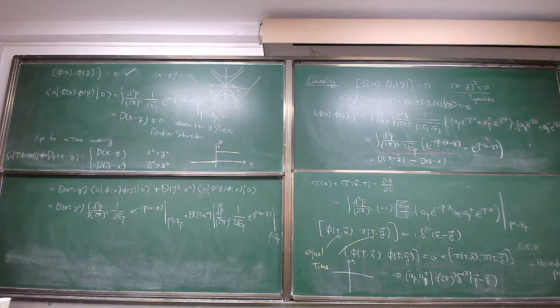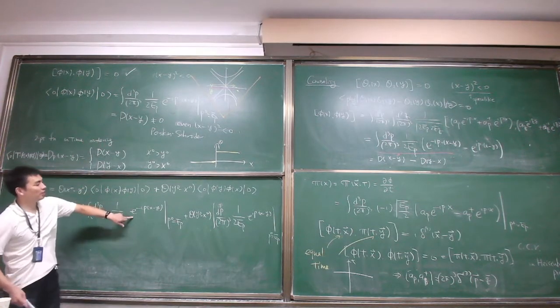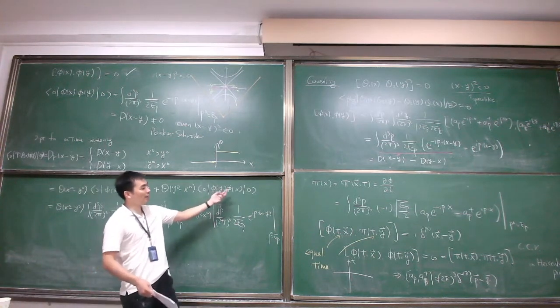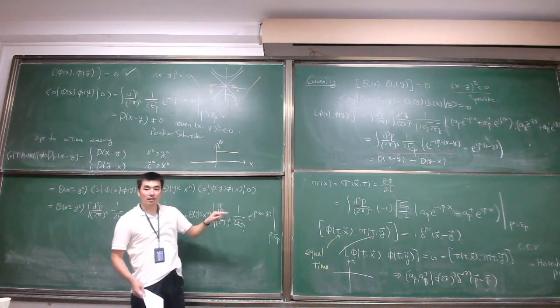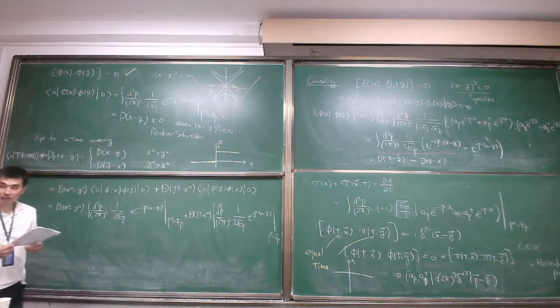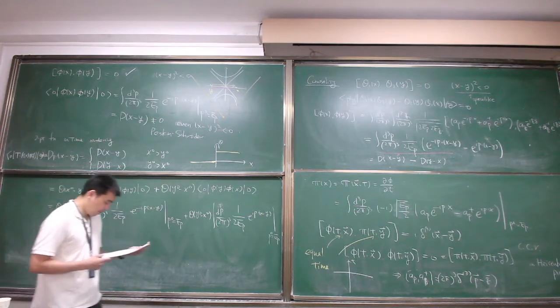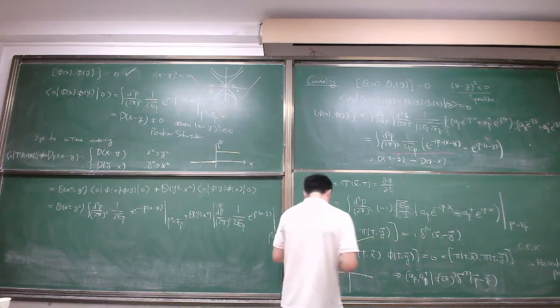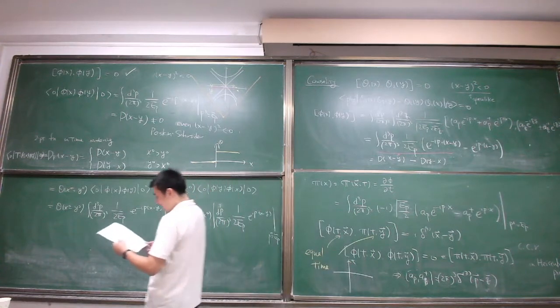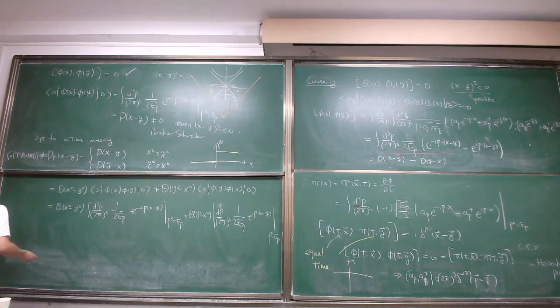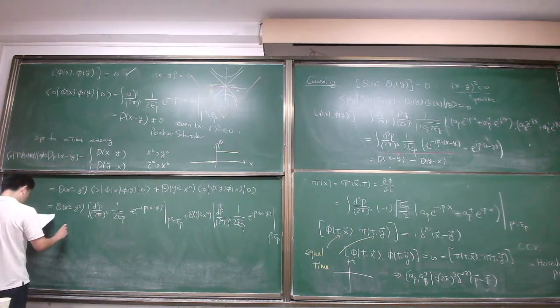So this is the case. Here, I just plug this one into here, but here you have to swap y and x, so therefore I have a plus sign here. That's the only difference. Okay? And I just want to write this in a more Lorentz invariant way.